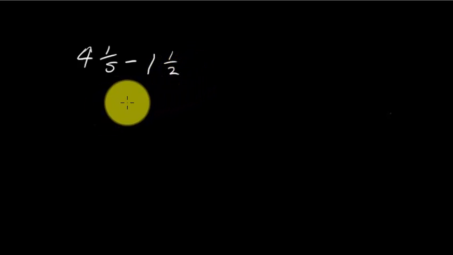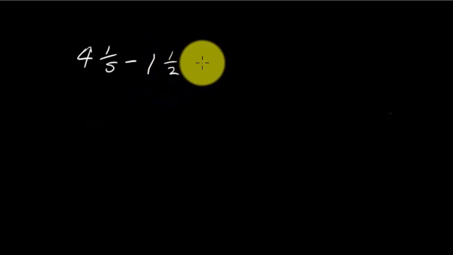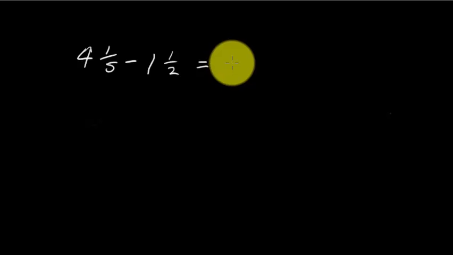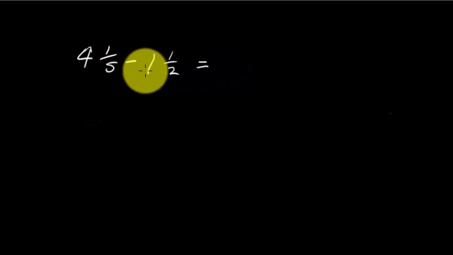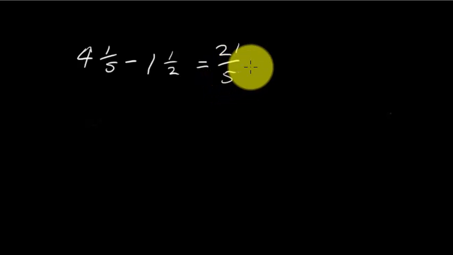We convert this mixed number, or both mixed numbers, to improper fractions. So when we convert these to improper fractions, we get 4 times 5 is 20 plus the 1, so that would be 21 over 5.